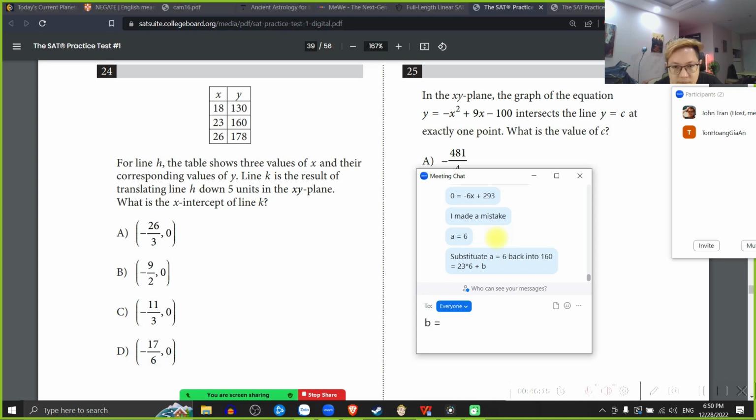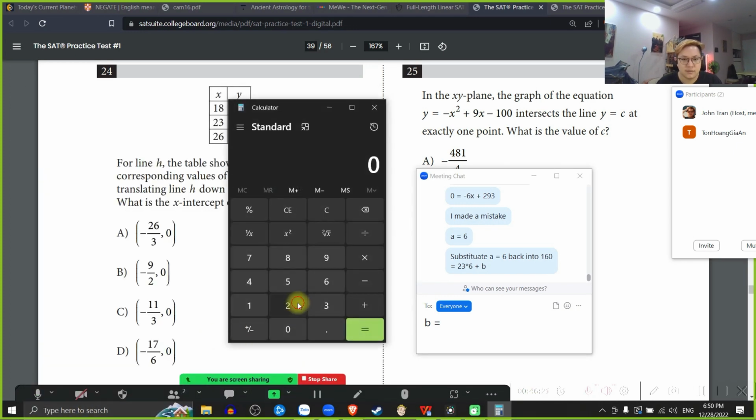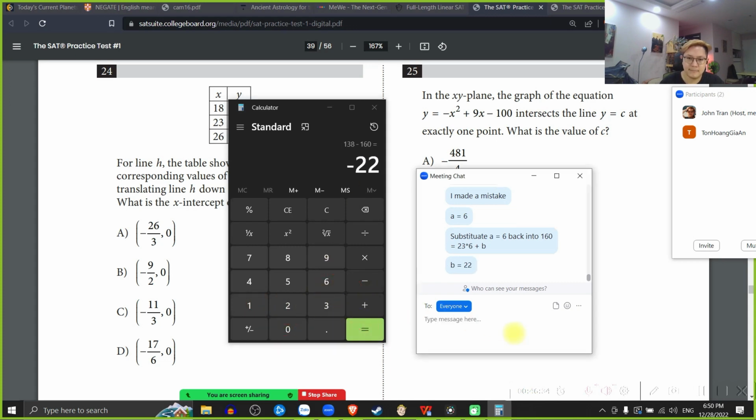So b will be equal to 22. Why was it so big before?